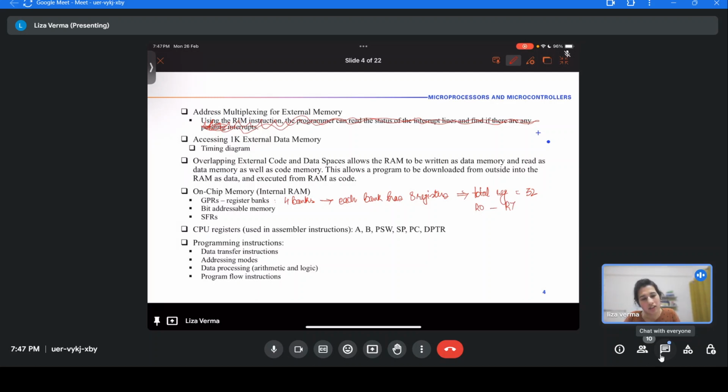Why do you think the designer would want the general purpose registers to be divided in such a way? There's nothing much technical involved here, just in terms of optimizing locations or anything. Can you think of any reason?